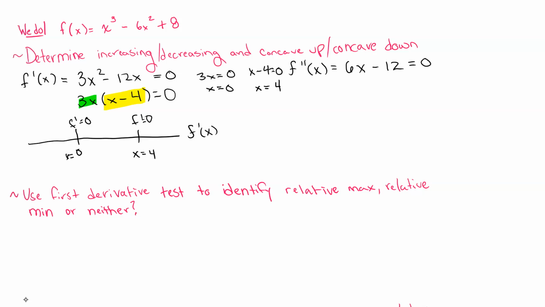So I could use -1. And that would be 3 times 1 minus 12 times -1. So 3 plus 12, 15. So we're positive here. So that would be increasing because we're positive, our first derivative.